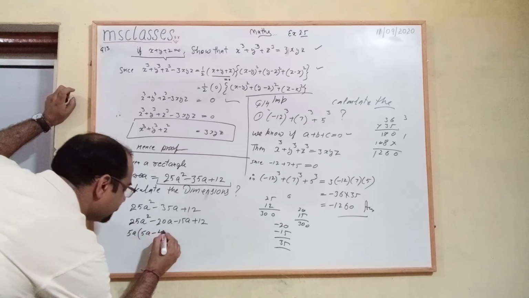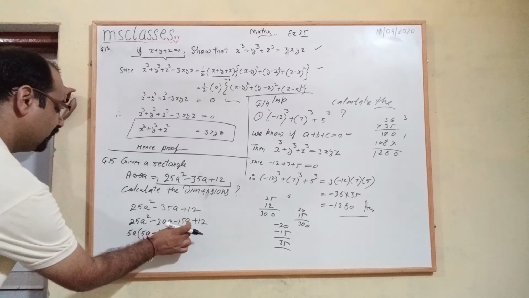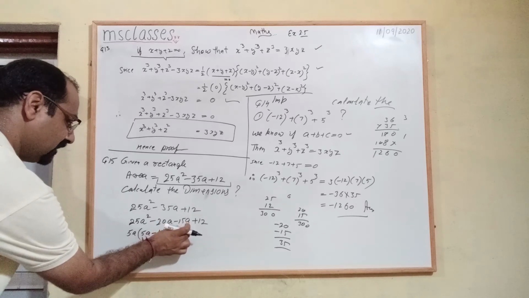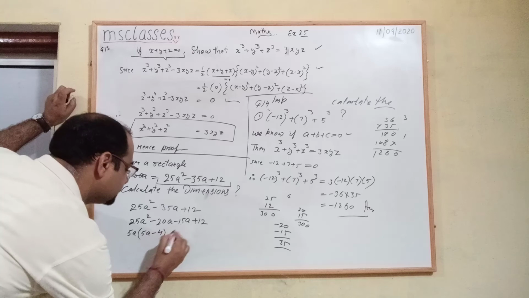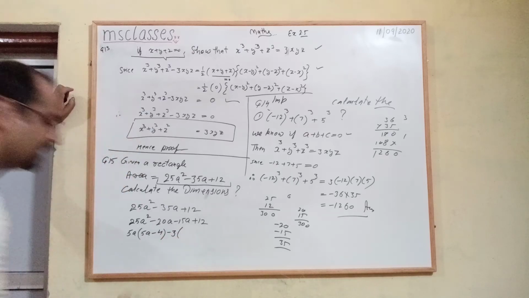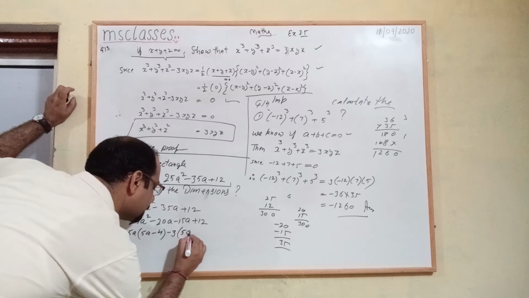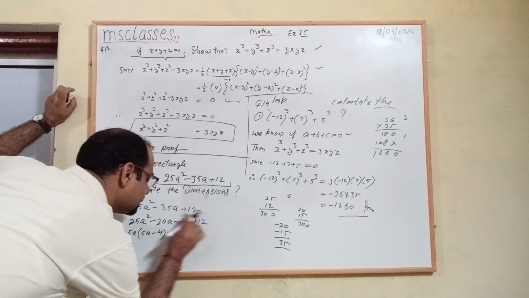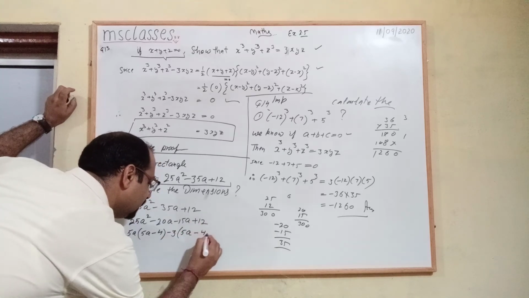From here, taking minus 3 common, inside you have 5a minus 4, since minus into minus plus 4 into 3 is 12.